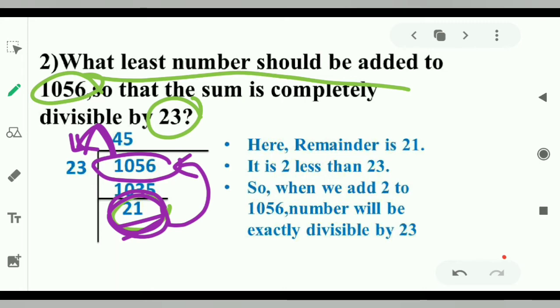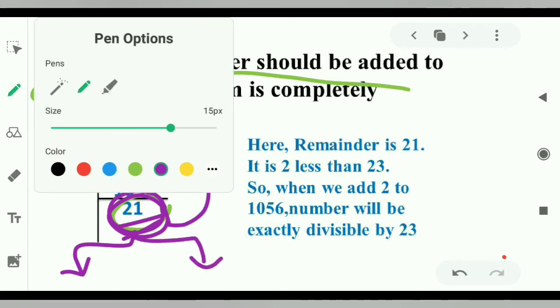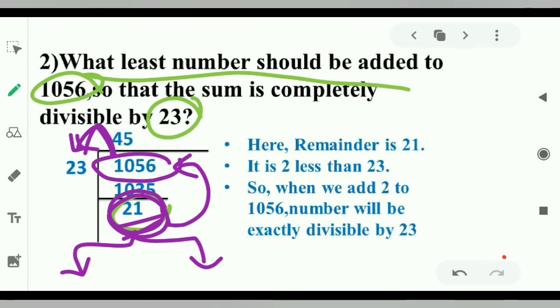How to break this barrier? We have two ways to break the barrier. Either we can add some value so that 1056 becomes a multiple of 23, or else we have to subtract the remainder from 1056 so that it becomes a multiple of 23.